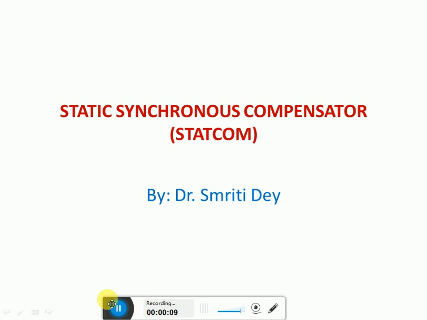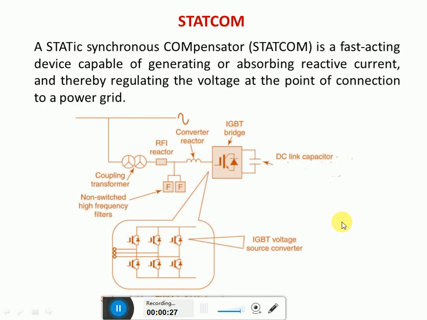Today I am going to discuss one of the FACTS devices, which is called static synchronous compensator or STATCOM. Now what is STATCOM?